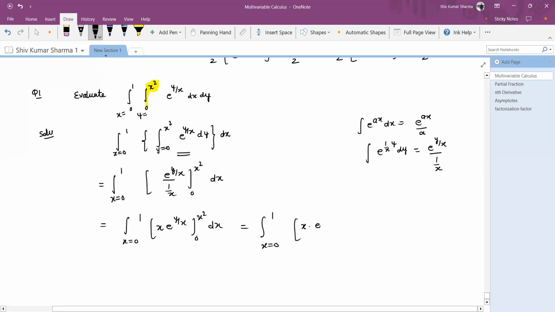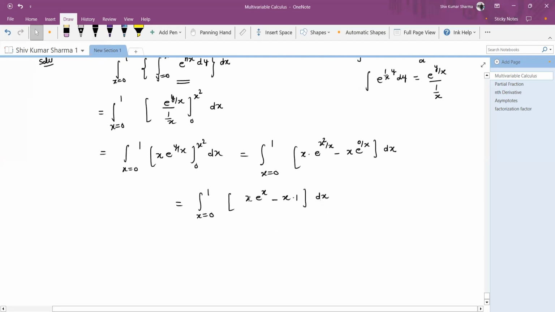This is the limit for y, so we write x square upon x in place of y, minus the lower limit: x into e raised to the power 0 upon x, dx. So this equals x from 0 to 1, x e raised to the power x minus x, e raised to the power 0 is 1, dx.